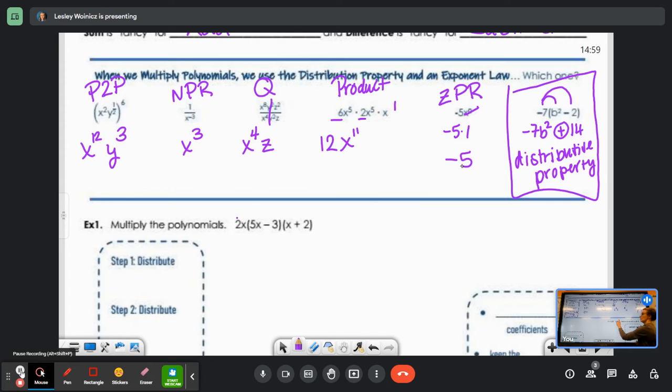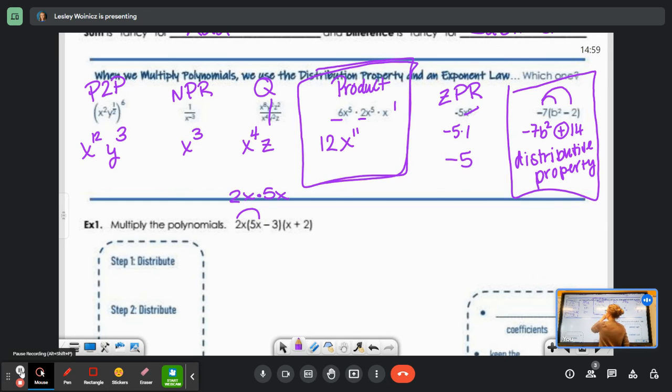What am I doing when I'm multiplying 2x times 5x? What does that look like? Which rule is it? A product. It's the product rule. Do you guys see it's the product rule? Yeah. Okay, so we need the product rule and we need the distributive property.